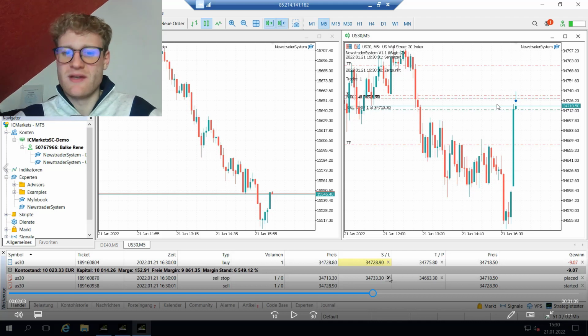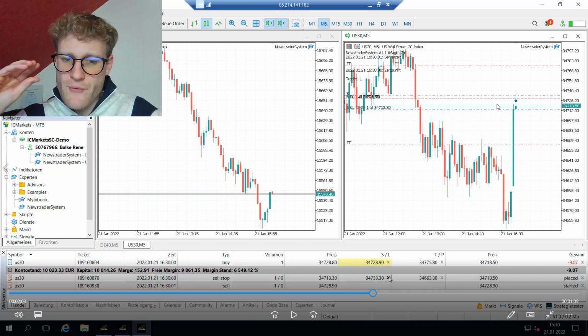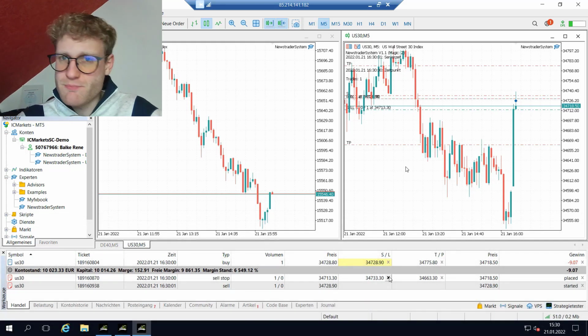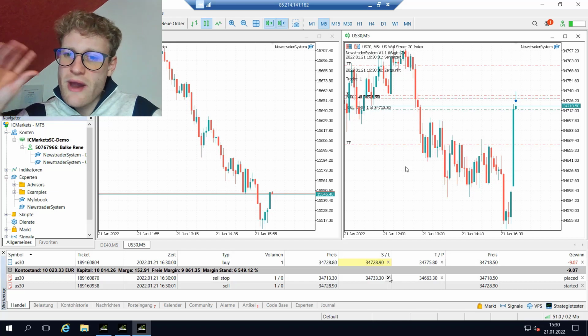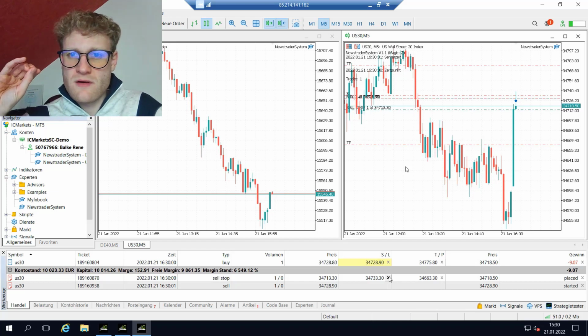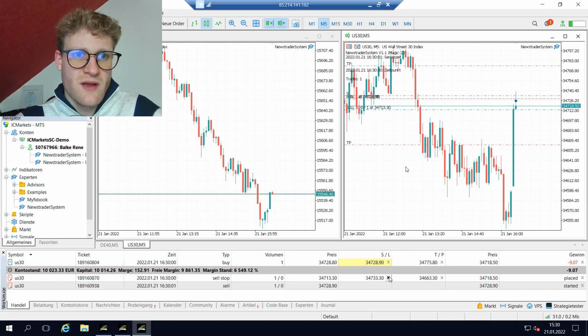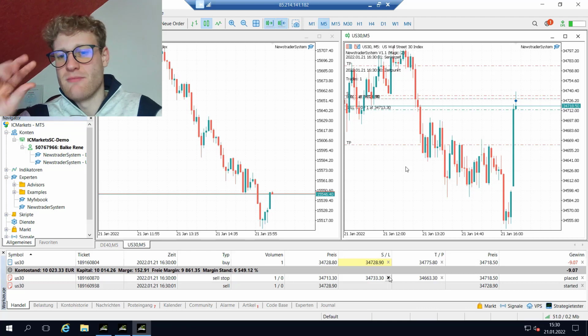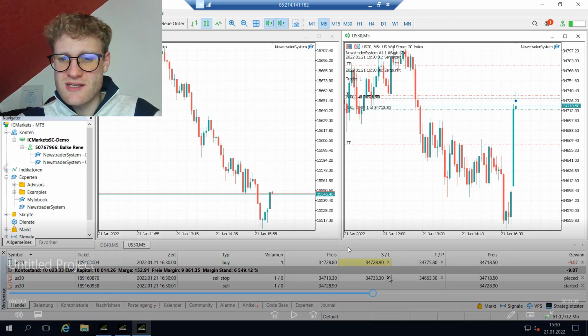This can happen because if there is too much volatility, if the price is moving too fast, the broker sometimes cannot give you an execution at the price level that you want, because there might be other orders placed which have to be executed first, or the broker is just not fast enough, or there can be a variety of problems that may cause you to lose a little bit more than you plan, because the order will be executed below your stop loss level.